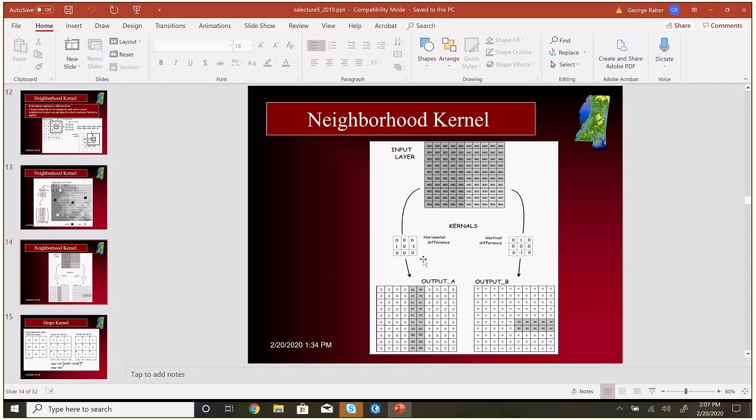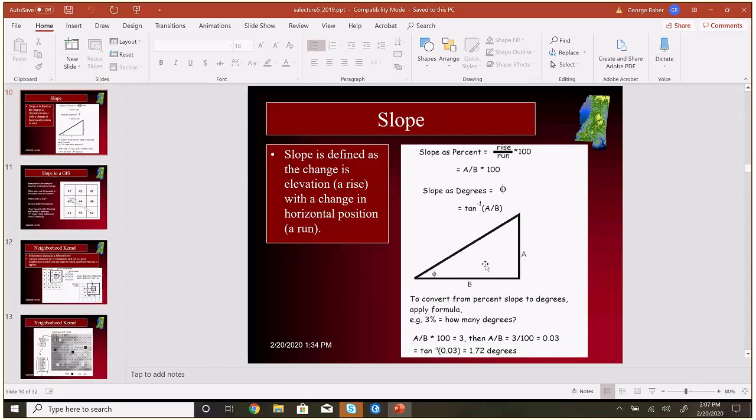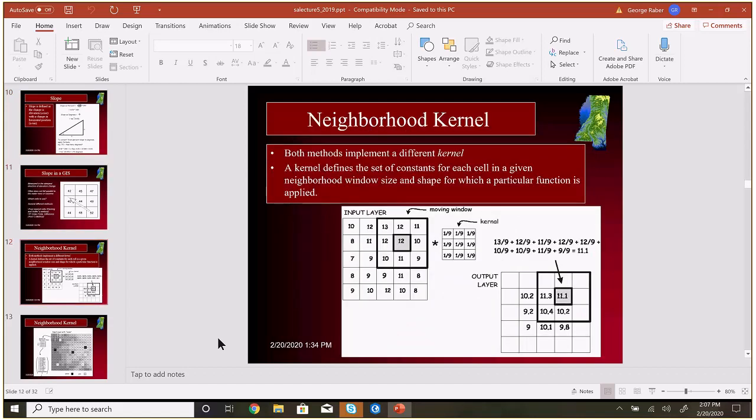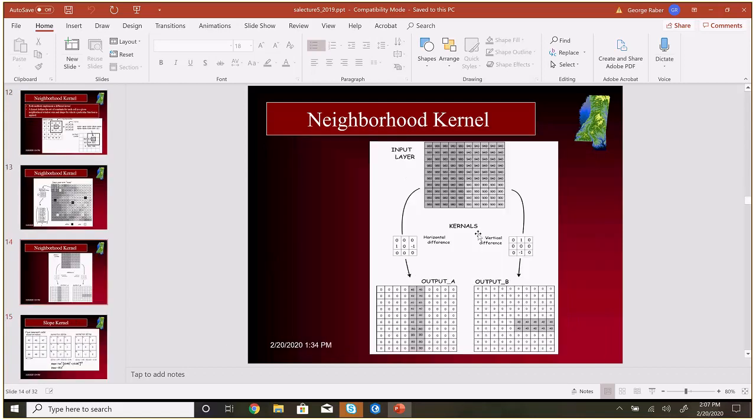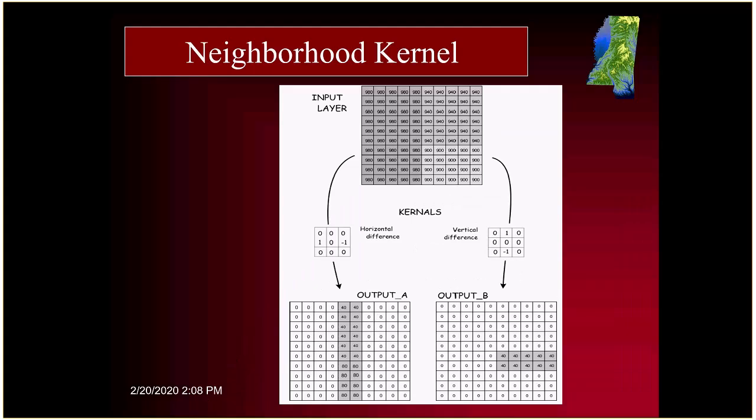Because if we go back to the math here, we need to figure out the rise and the run, right? Well, how do we figure out the rise, that first part? Well, we figure out the rise using a kernel that looks just like this. I'm going to make this big for a second because the numbers are hard to read. If you look, the value here is 900 and the value here is 980.